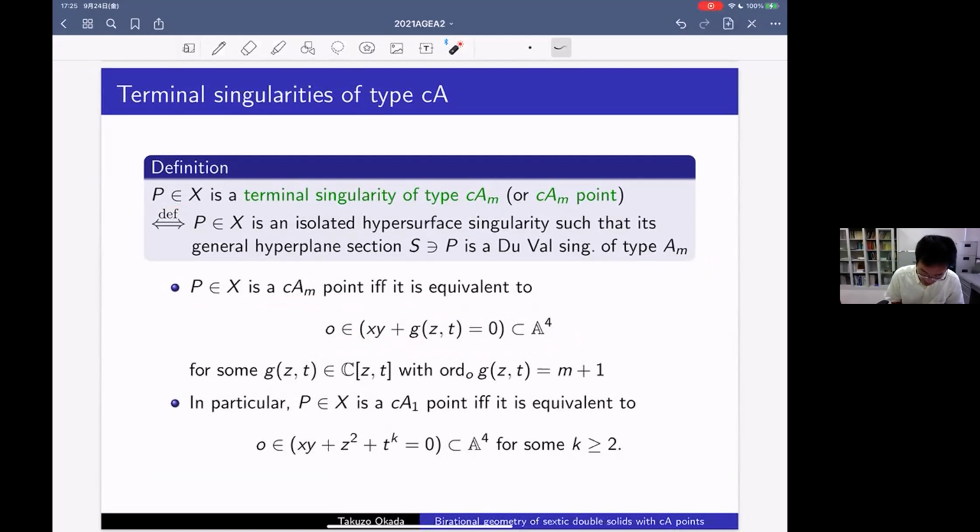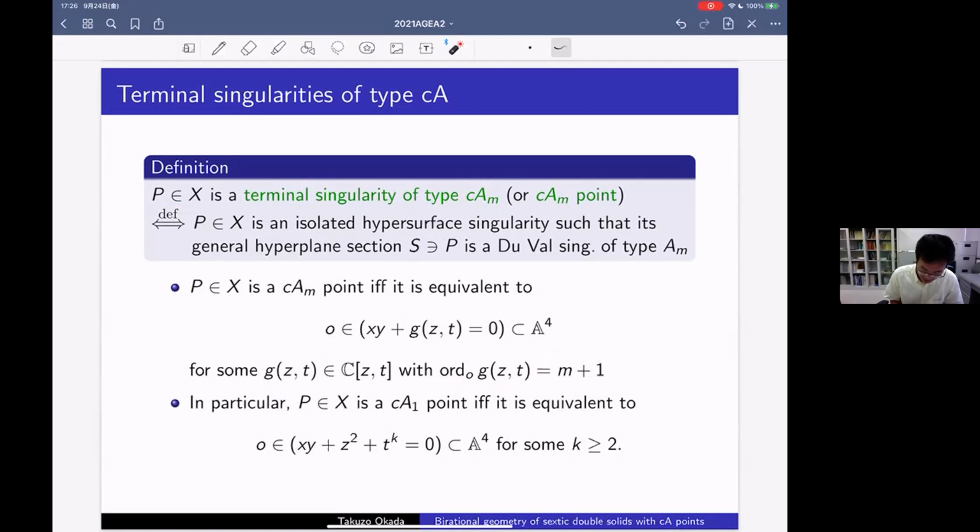for some polynomial g of order m+1, so the least degree part is m+1.